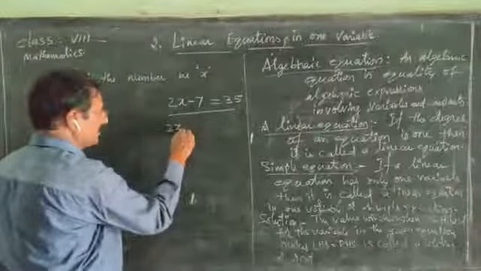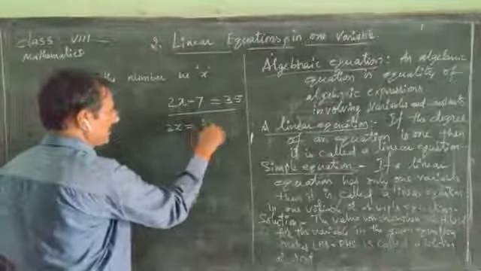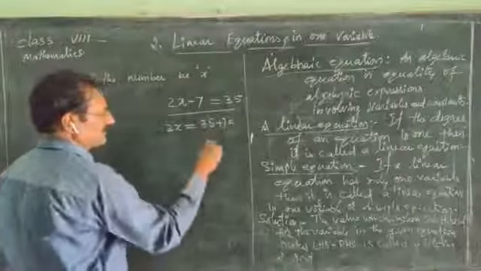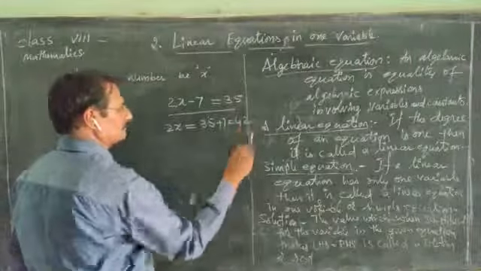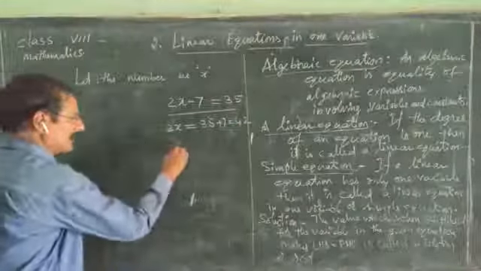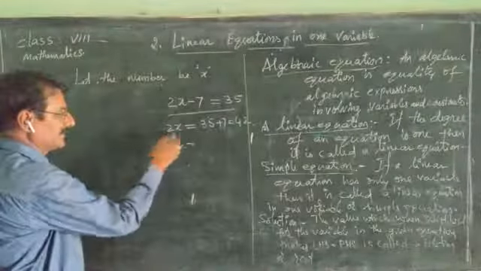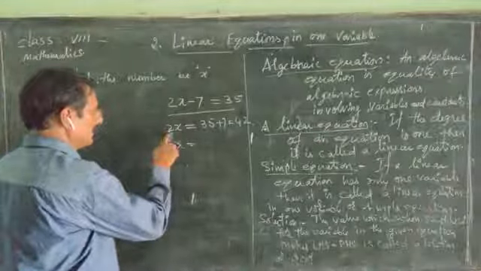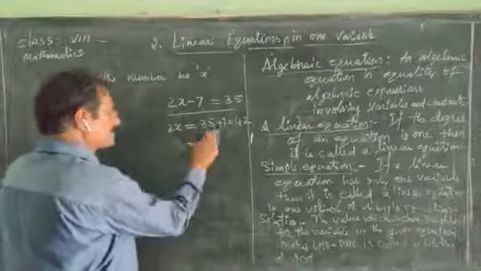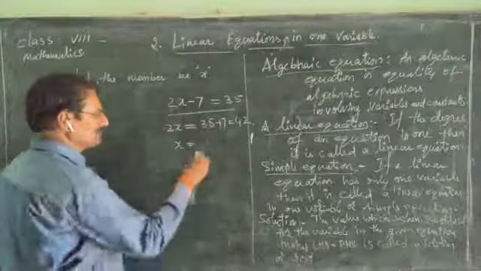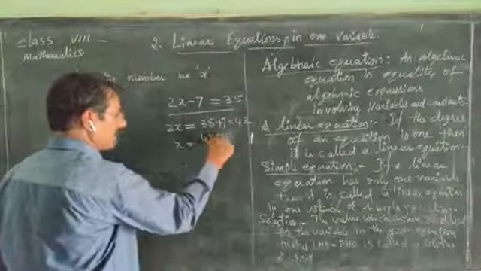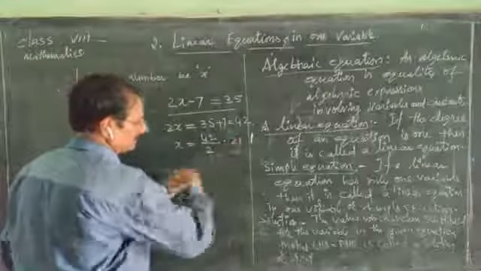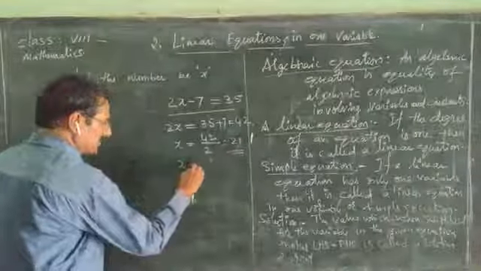Then on the left side only 2x equal to 35 plus 7, which is 42. Then send the 2 to the other side. There is multiplication between 2 and x, so multiplication becomes division. 42 by 2 equal to 21. Therefore, x equal to 21.